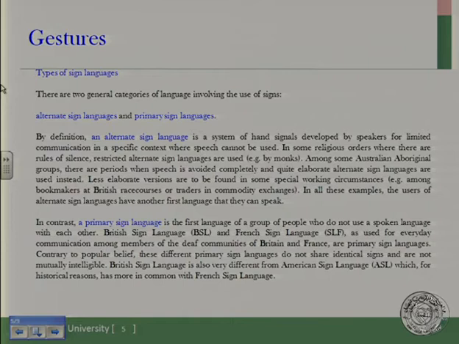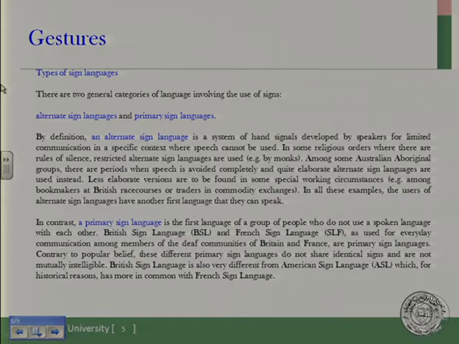Now, less elaborate versions are to be found in some special working circumstances, for example, among bookmakers at British race courses or traders in commodity exchanges. In all these examples, the users of alternate sign languages have another first language that they can speak.